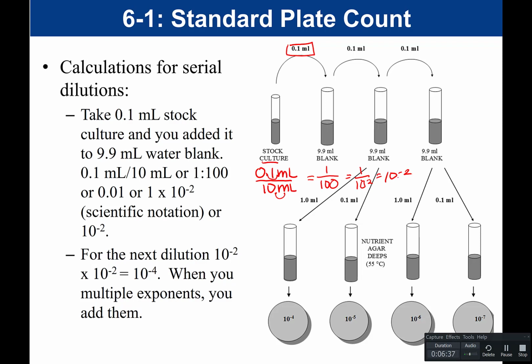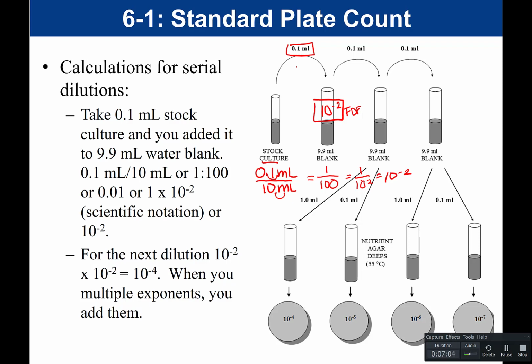So in this case, your dilution in this tube is 10 to the negative 2. That's your dilution in that tube. Now, that is what we call your final dilution factor. Final dilution factor is going to be the amount that that tube is diluted.